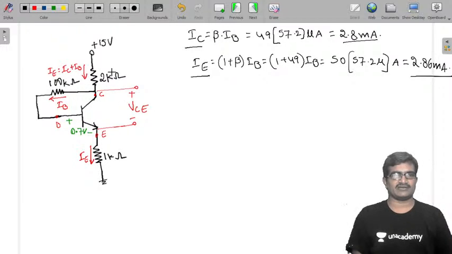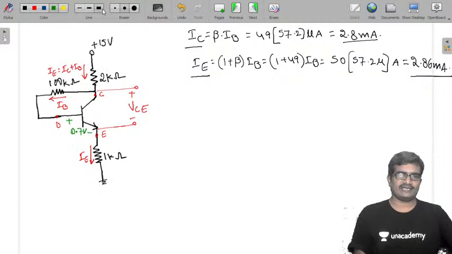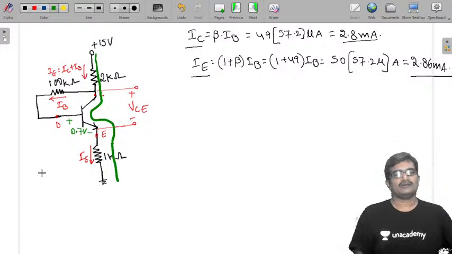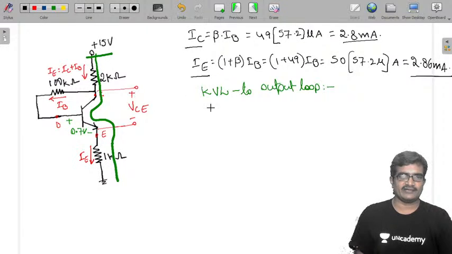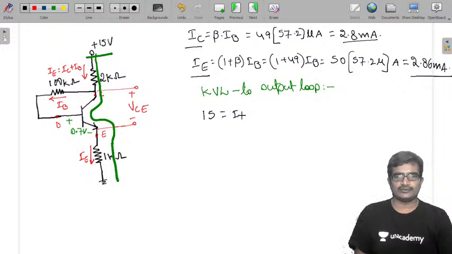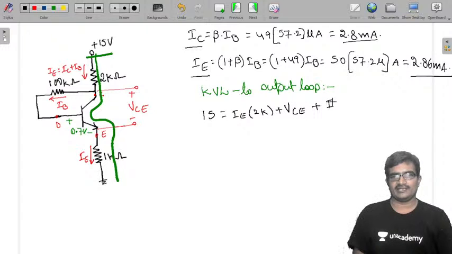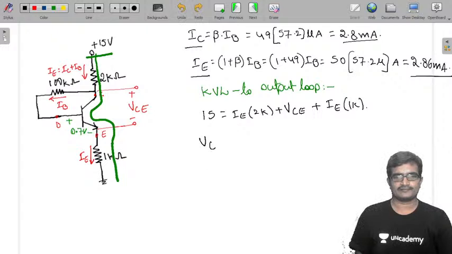Now I want to calculate VCE because our operating point is VCE comma IC. So applying KVL to the output loop, 15 equals IE into 2 kilo ohms plus VCE plus IE into 1 kilo ohm. Therefore VCE is 15 minus IE into 3K.